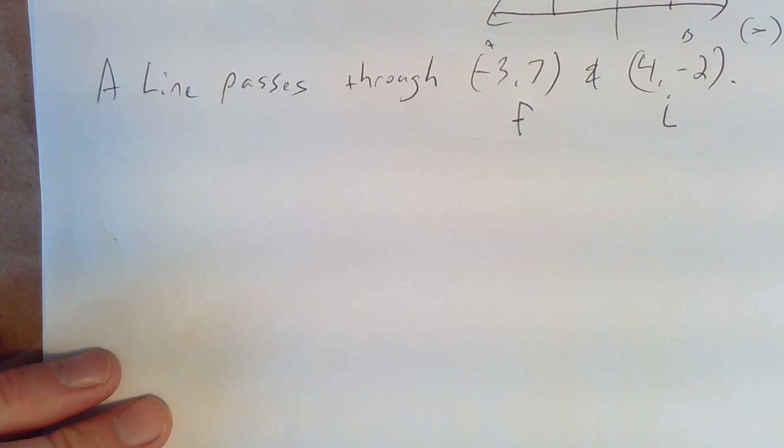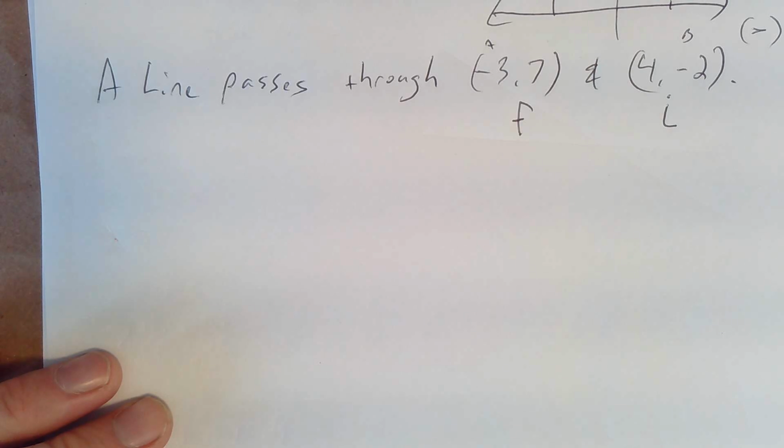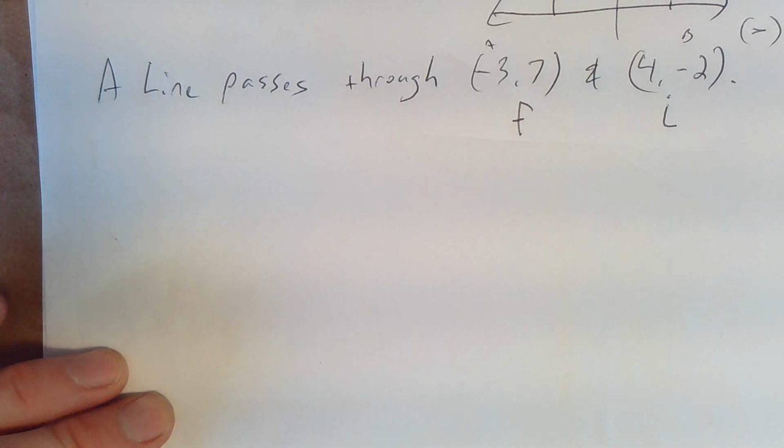Even if I guessed it wrong, if I'm consistently wrong doing my slope math, I'll still get the right value of the slope. It'll still be the right numbers and the right sign.